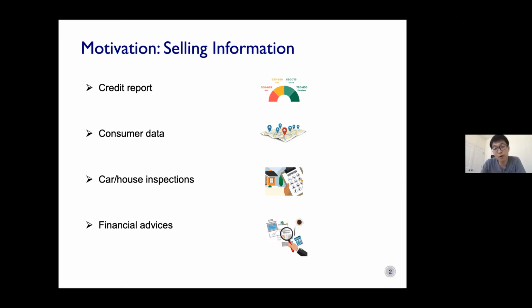Or if you have ever bought a used car, you might have done a used car inspection, and that's literally trying to buy information about the condition of the used car. And if you go to a financial advisor to get advice about which stock to invest in, that's also essentially purchasing information from the financial advisor.